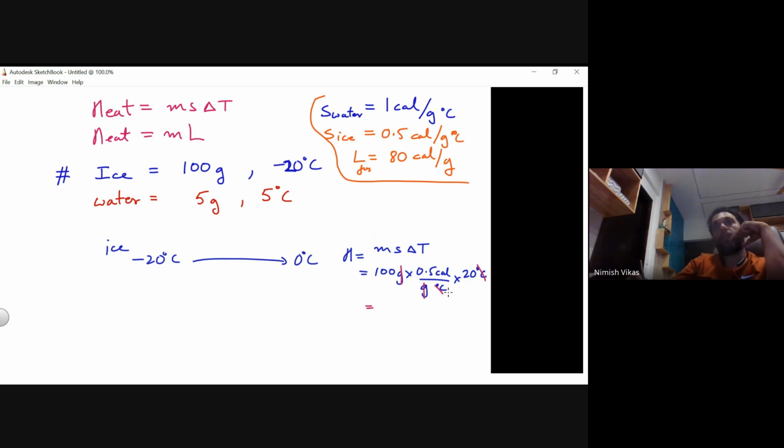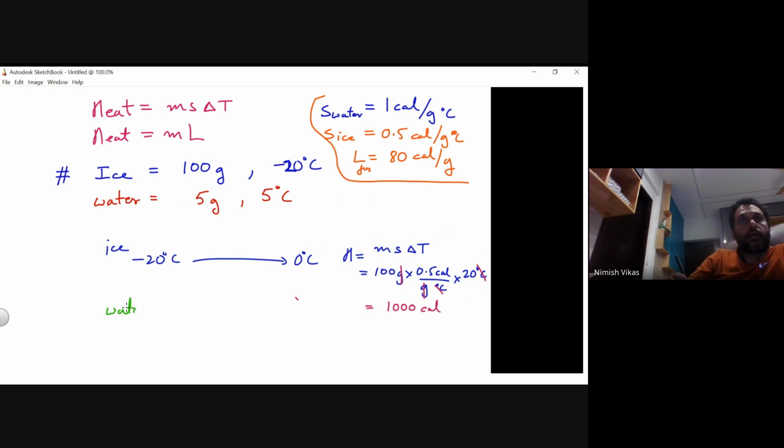How much is that? 0.5 into 20 is 10, into 100, 1000 calories. Is that clear? So somebody has to give it 1000 calories to actually go to 0 degrees Celsius. Then who is the guy who can give? Water can fall in temperature, right? So let us see the journey of water.